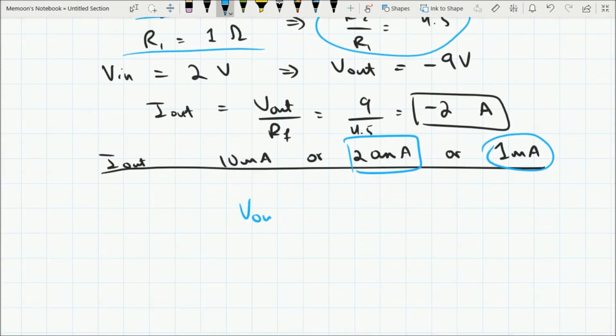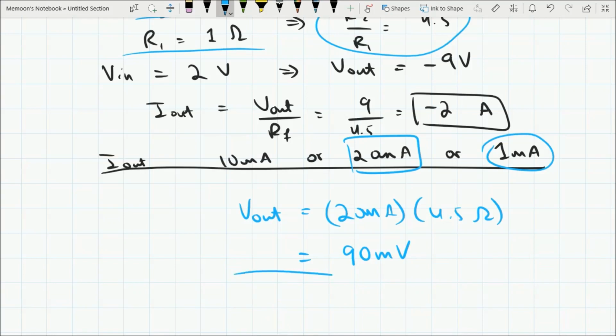The Vout would become 20 milliamperes into 4.5 ohms, and that is equal to around 90 millivolts. The output will not go beyond this point.